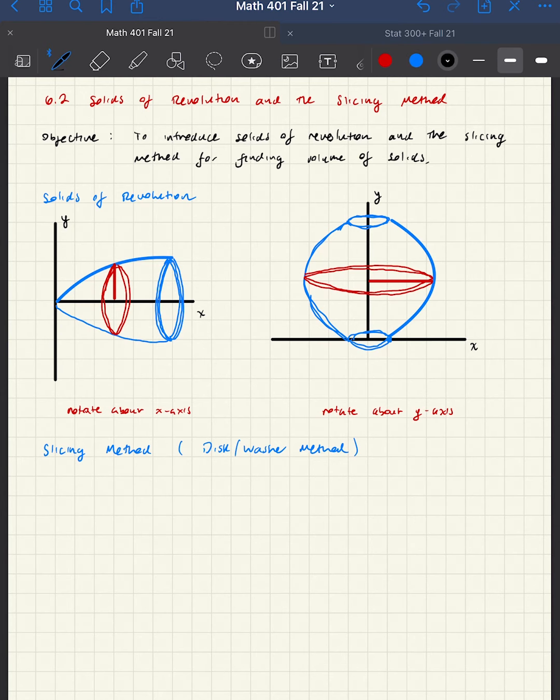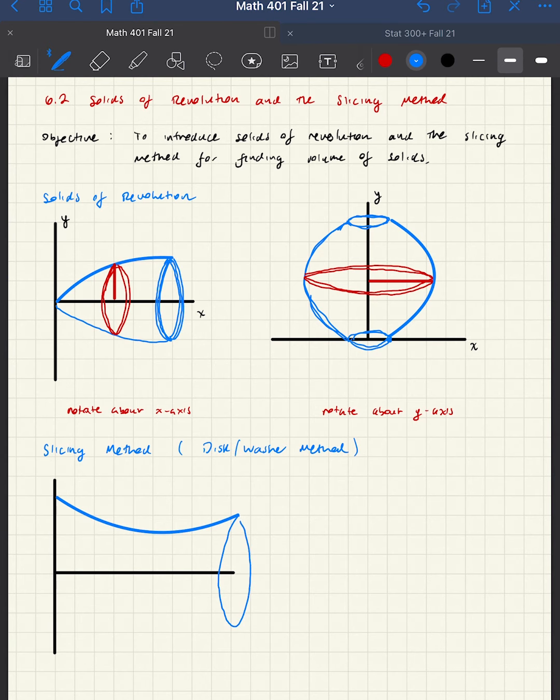So for the sake of illustration, I'm going to again draw a solid of revolution. We're going to rotate about the x-axis. And so this region that I'm going to bound, the solid is created by rotating it about the x-axis.